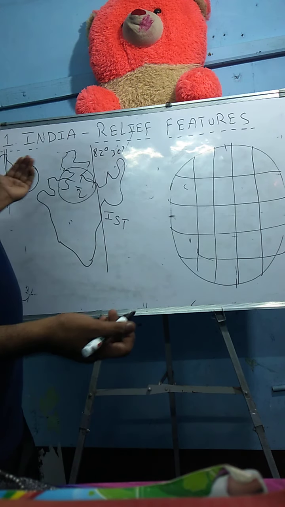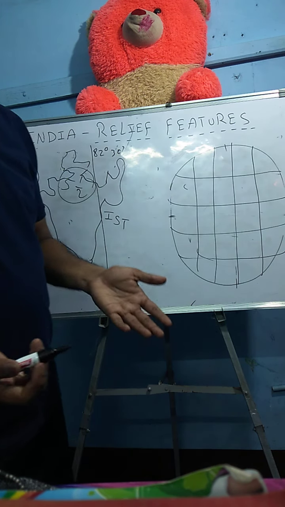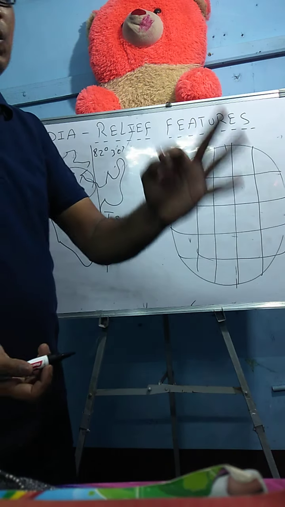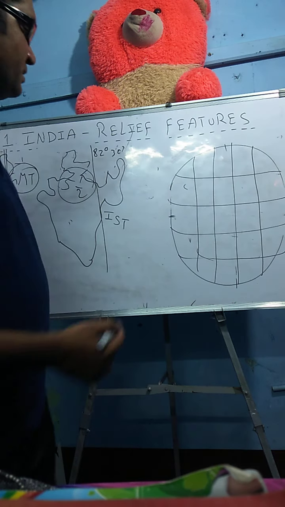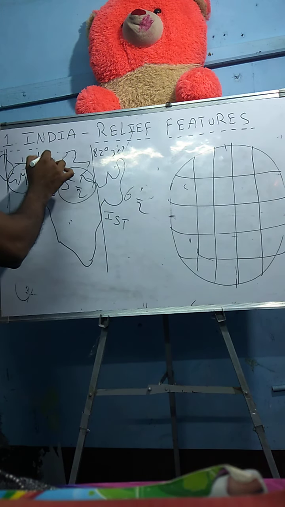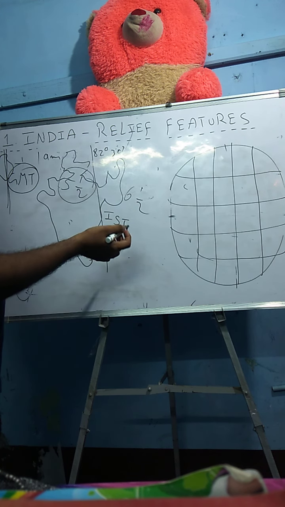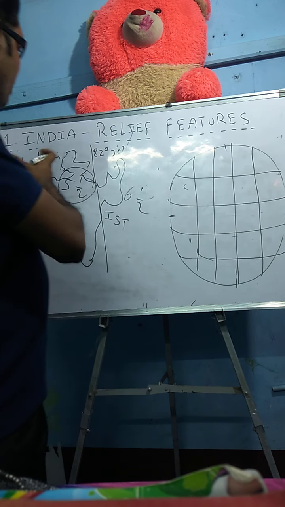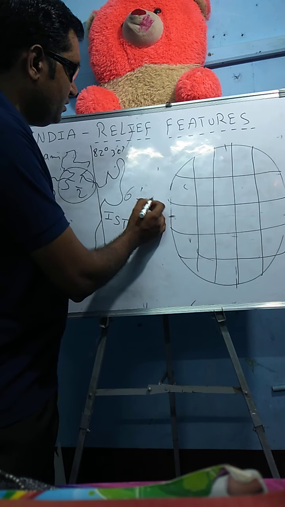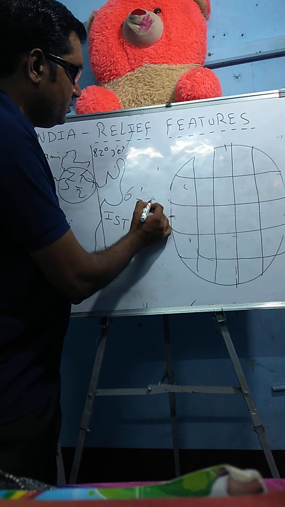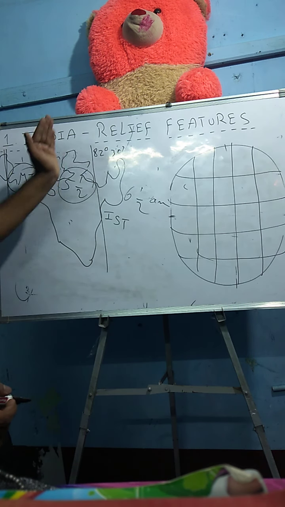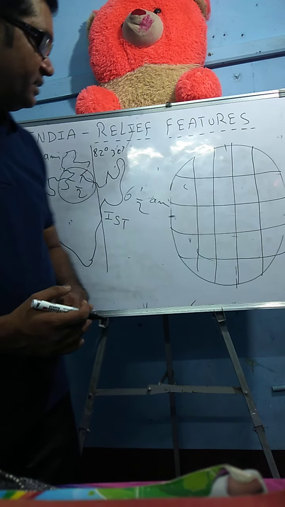In England, the time is now 1 o'clock. If you add 5.5 hours, 1, 2, 3, 4, 5, 6, our time is 6:30. Their time is 1 a.m., the morning 1 a.m., and here it is 6:30 a.m. India is 5.5 hours ahead of GMT.